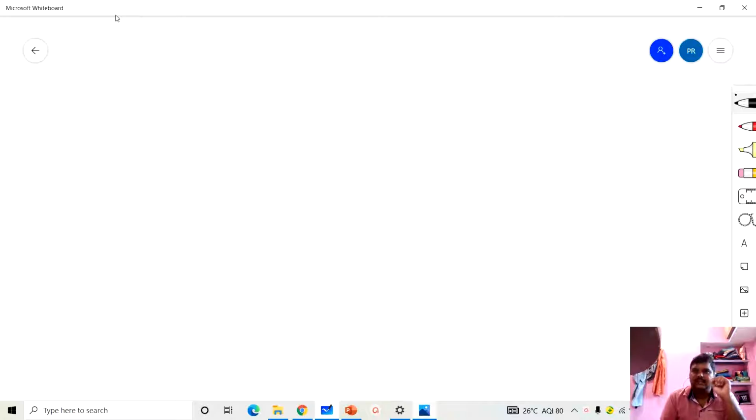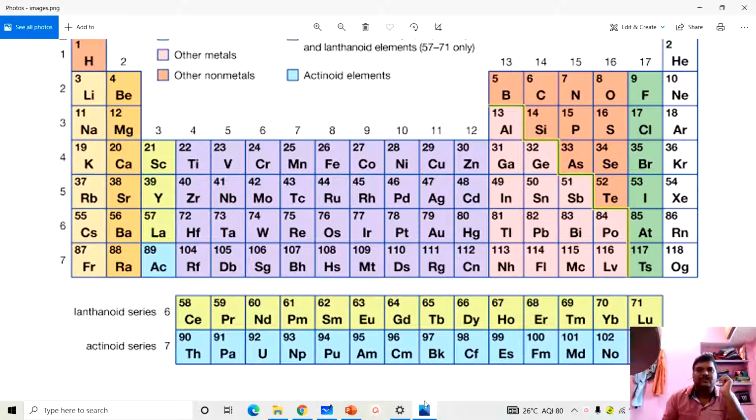First and second groups are S block, 13 to 18 groups P block, 3 to 12 groups D block. The two rows arranged at the bottom of the periodic table, the 6th and 7th, the lanthanide series and actinide series, are called F block.